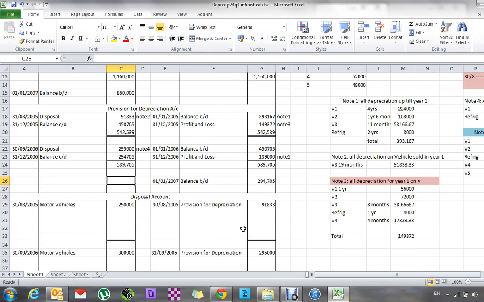Now I need to work out how much I got. The 30th of the 8th here is when I did the changeover. How much money did I get when I got rid of it? So bus in with trade-in, the new bus cost 260. We paid 20 and got compensation, the value of 115.